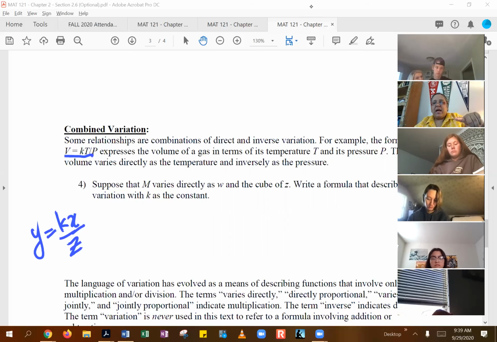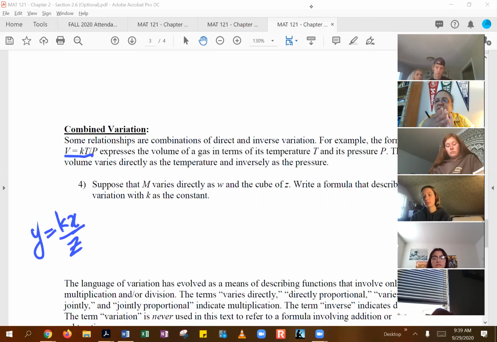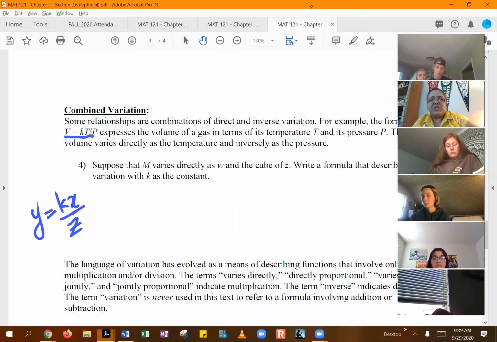So x and y, because they are in the direct variation format, are growing, but z with respect to y is in the inverse variation setup. So if y goes up, z would be going down. Your combined variation is basically combining direct and inverse together. It's actually really interesting.